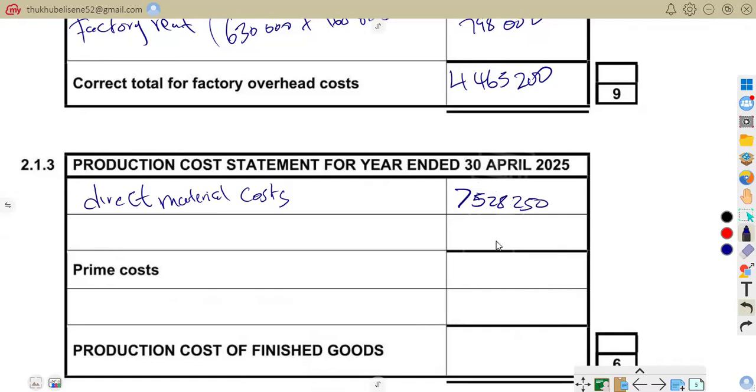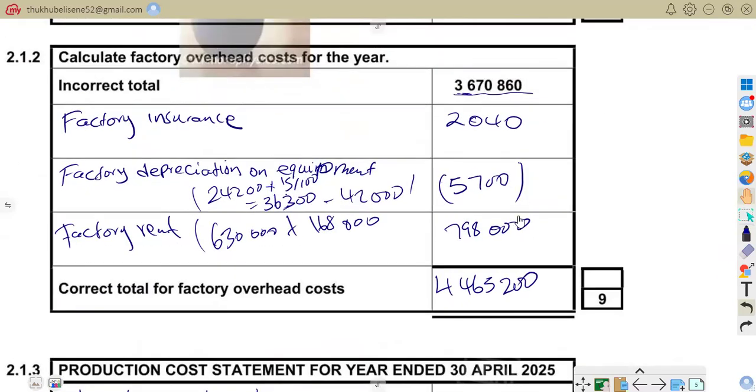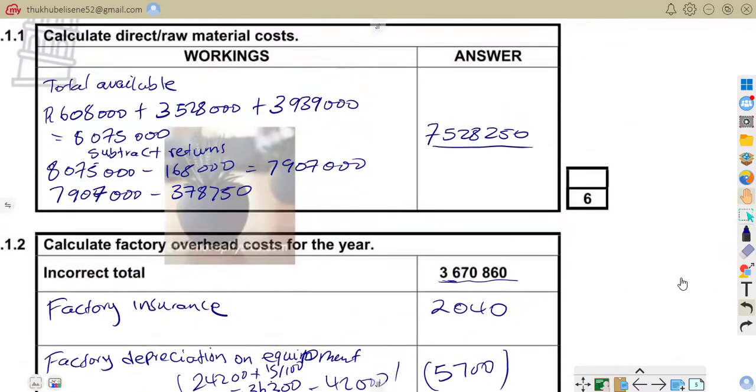Where did we get that amount from? This is the amount that you already calculated. Already we calculated direct material cost.